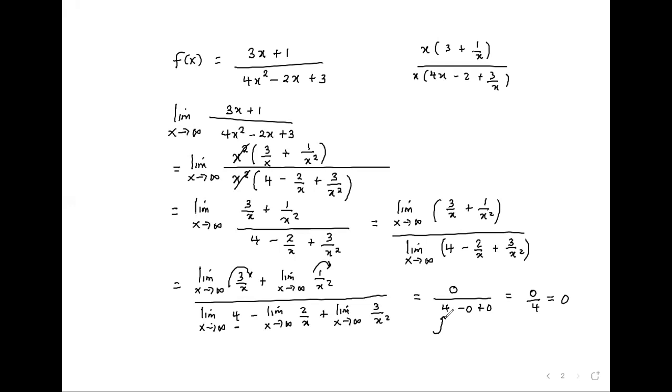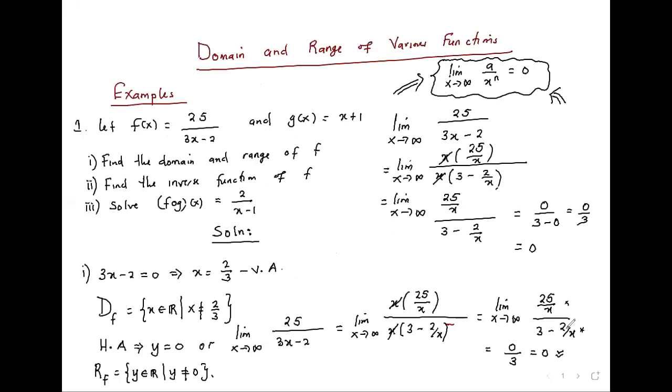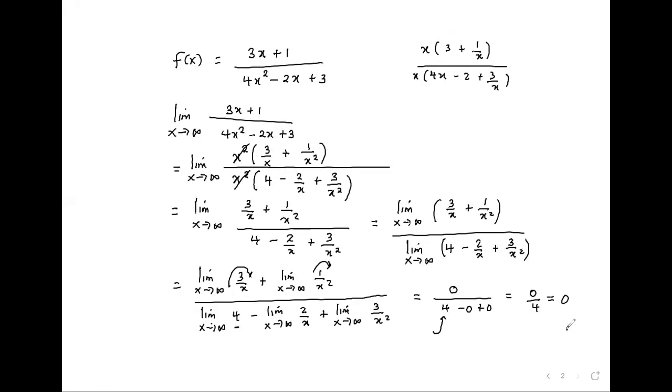Sir, that statement you stated, that a over x will be equal to 0, how can you state it in this form? Because there's x, there's 3 over x, and there's that one which has a squared down. How can you use that statement when using a quadratic?